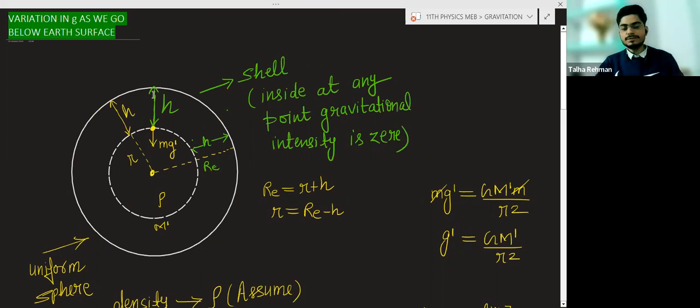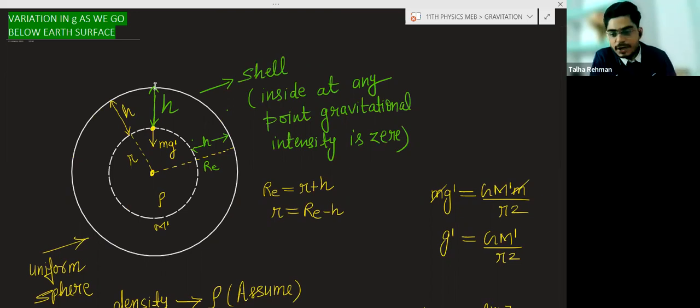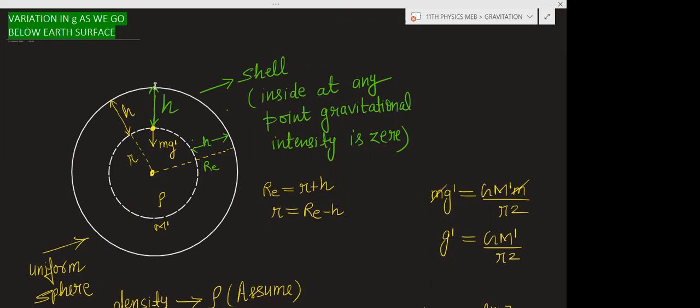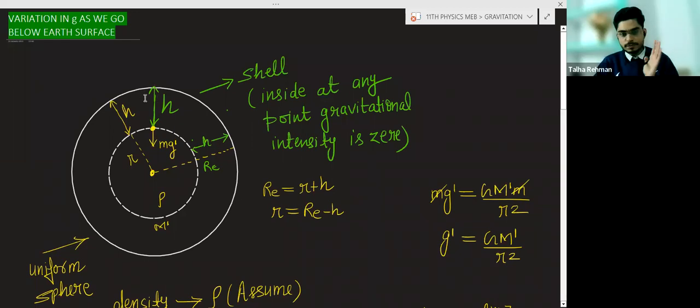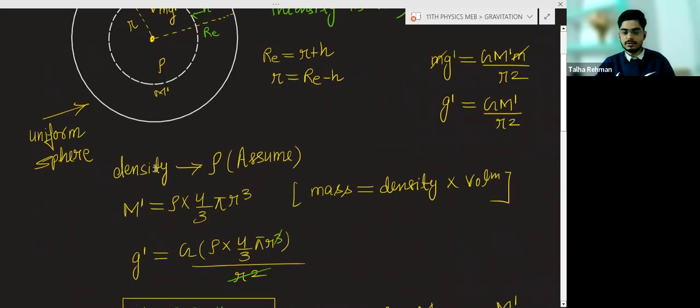Hiba, tell me what will be the value of this h at the center of the earth if we are measuring this h from the surface of the earth. You can tell it will become the radius of the earth, means re. From here to here, this h will become the radius of the earth.